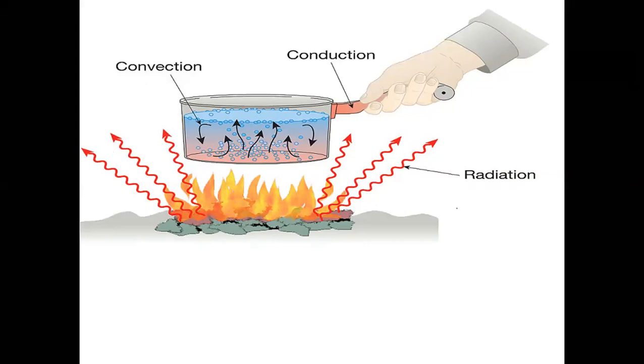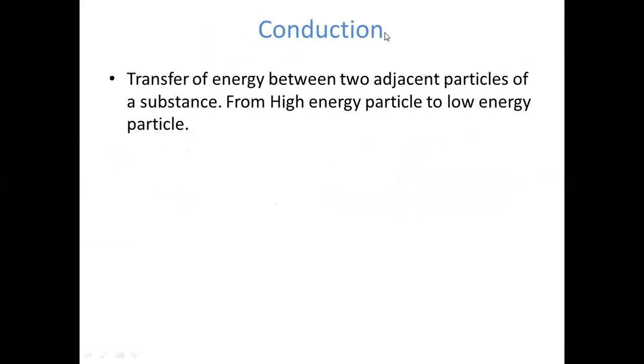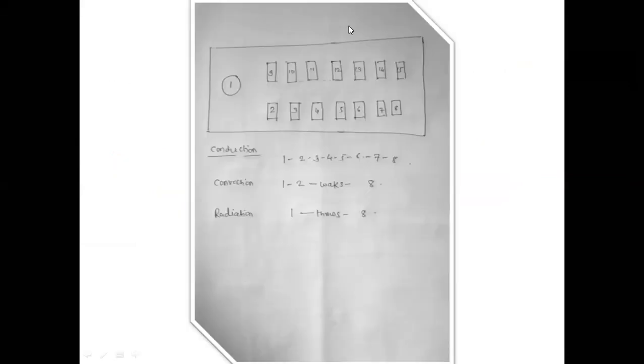Now first of all we will see what is meant by conduction. This is a very popular example. Most of the teachers are using this example. In conduction, suppose this is a classroom of 14 students and a subject teacher, and the subject teacher wants to pass something, suppose a notebook, to this student.